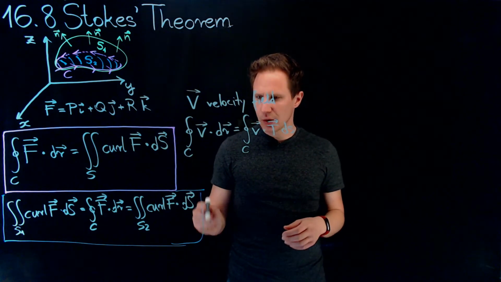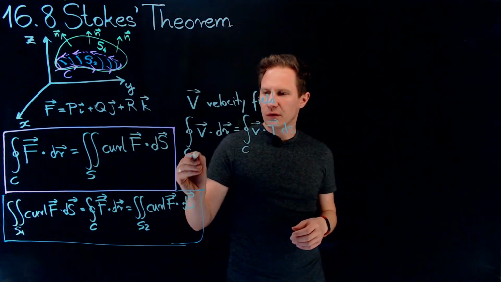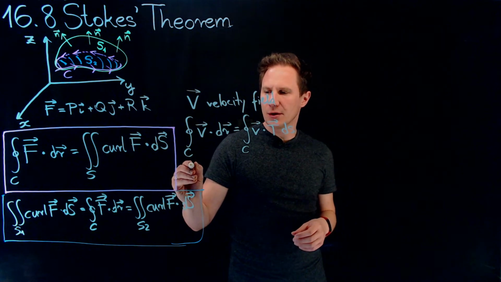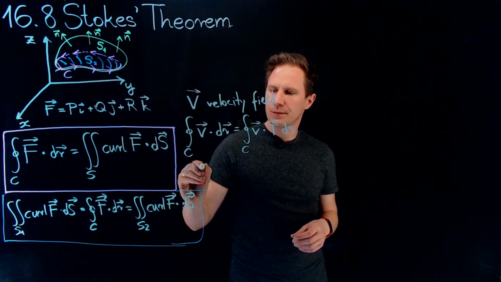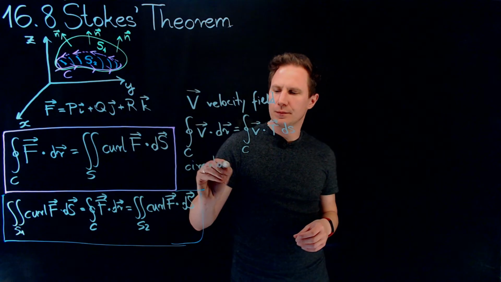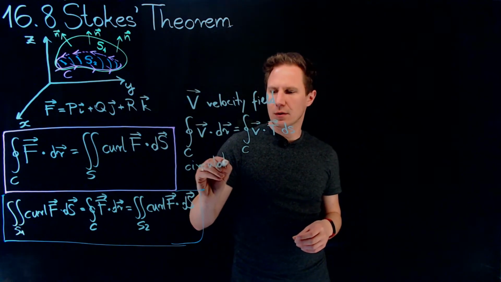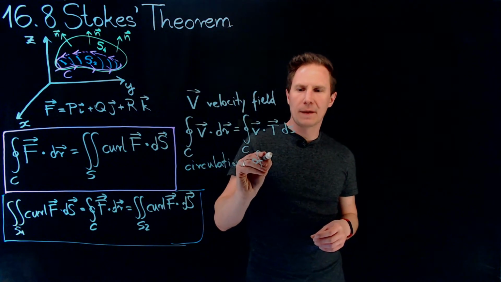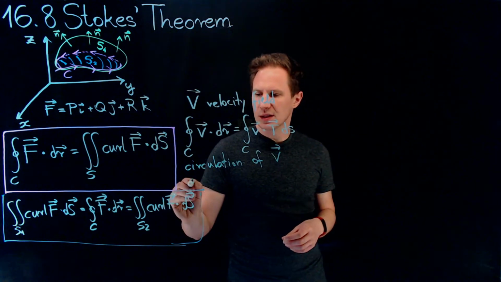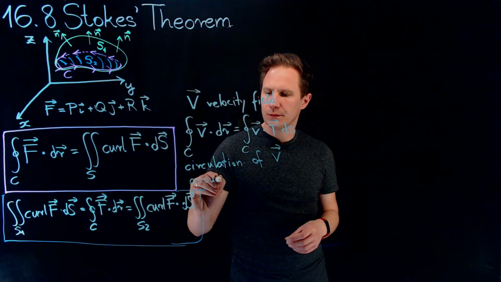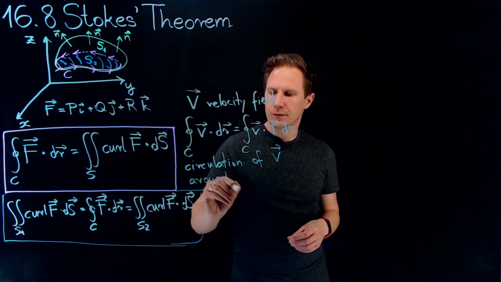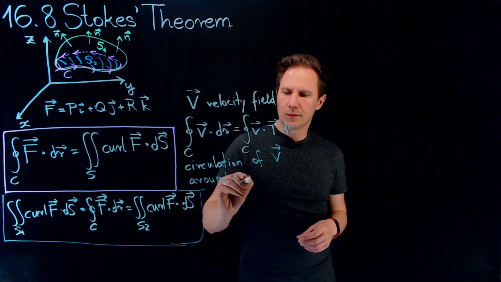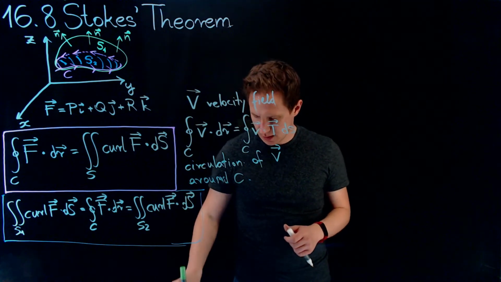So this is why this line integral is called the circulation of V around the curve C.